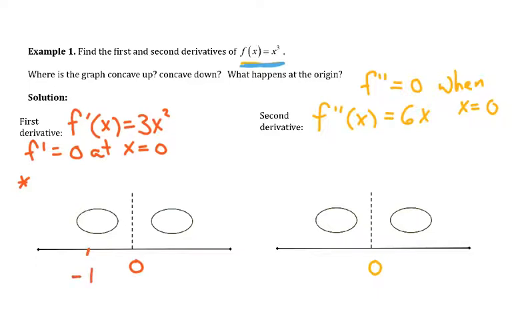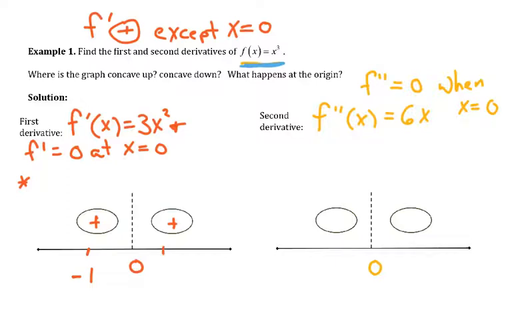If you plug negative 1 into the first derivative, that's positive. In fact, can you tell that the first derivative is always positive, except at x equals 0, because it's equal to 3x squared? So we're also positive over here.